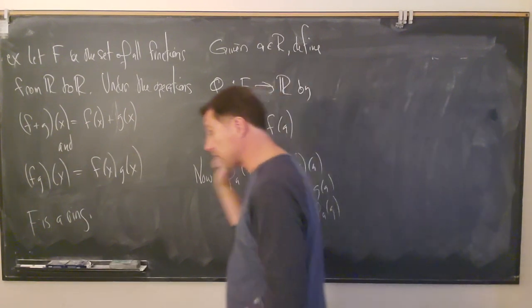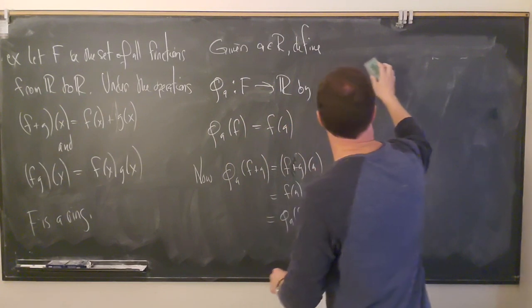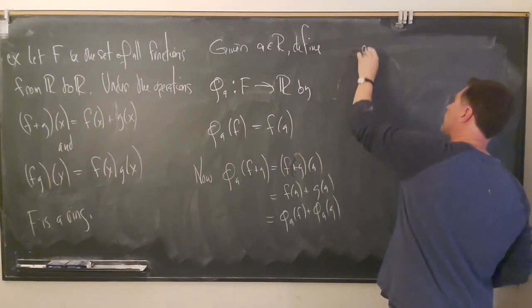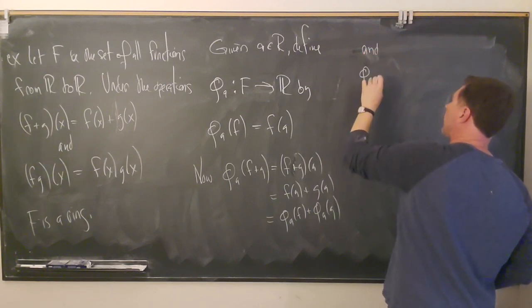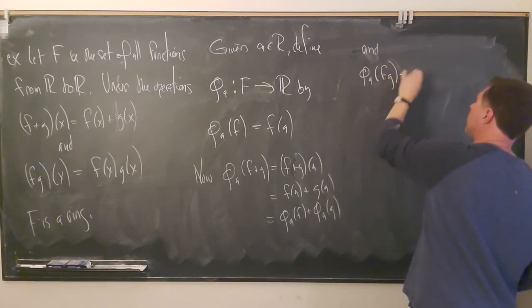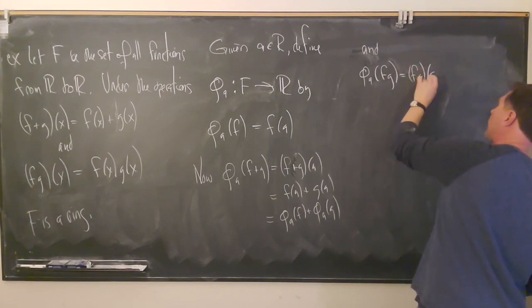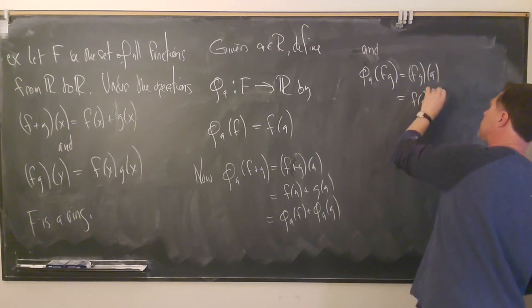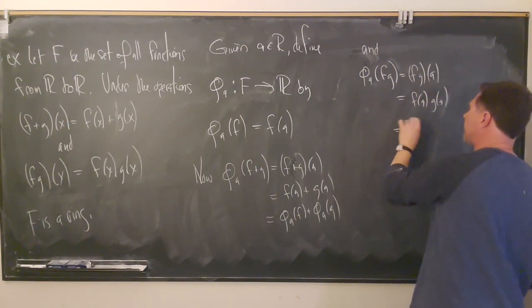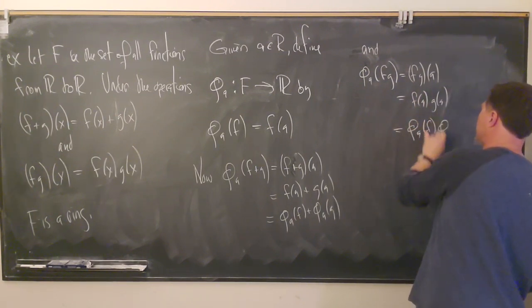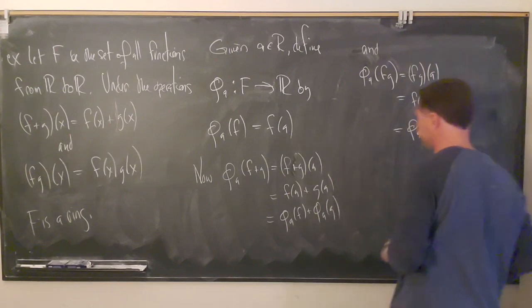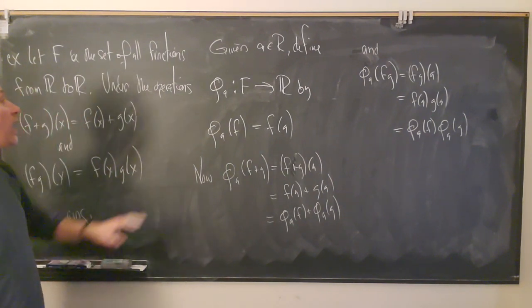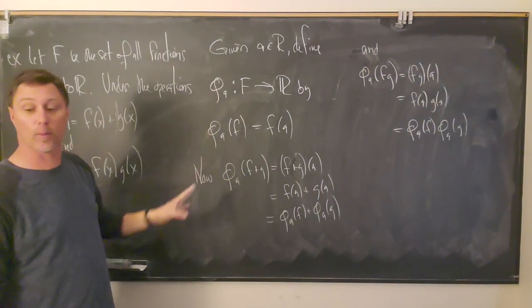So phi sub a respects addition, and we'll see it also respects multiplication. Just crank it out. phi sub a of fg equals fg of a, which equals f of a times g of a, which is phi sub a of f times phi sub a of g. So what we just showed is that phi sub a is a ring homomorphism.